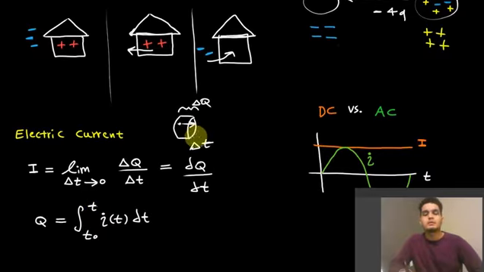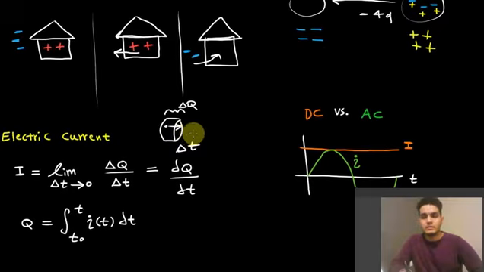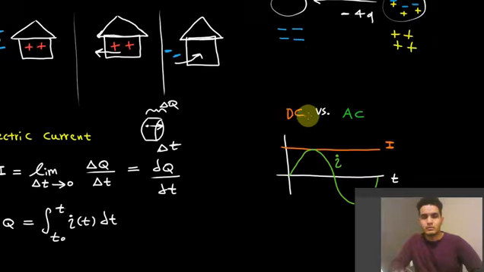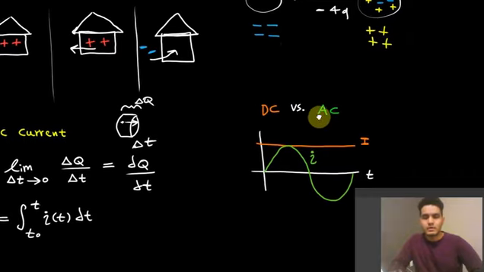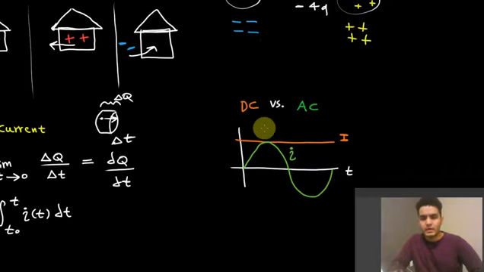Now, the next concept here is DC versus AC. So direct current versus alternating current. Direct current is going to be conventionally represented by an uppercase I, and AC current is going to be represented by a lowercase i.